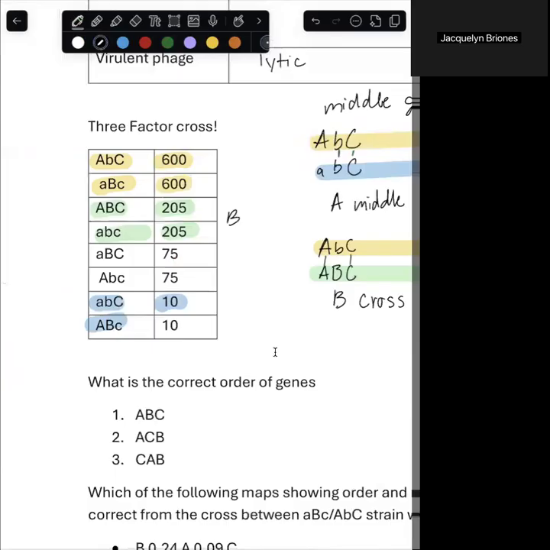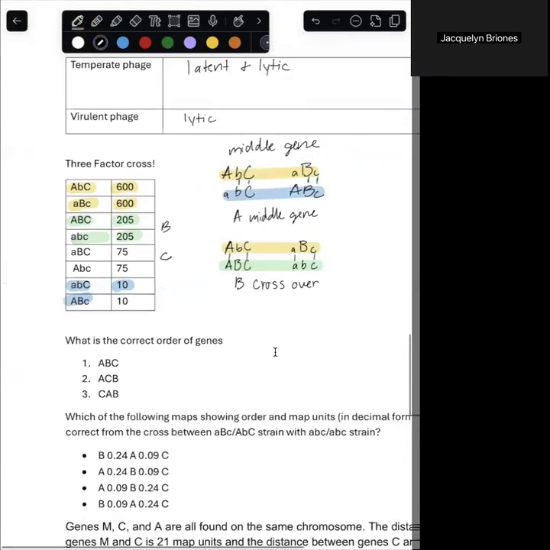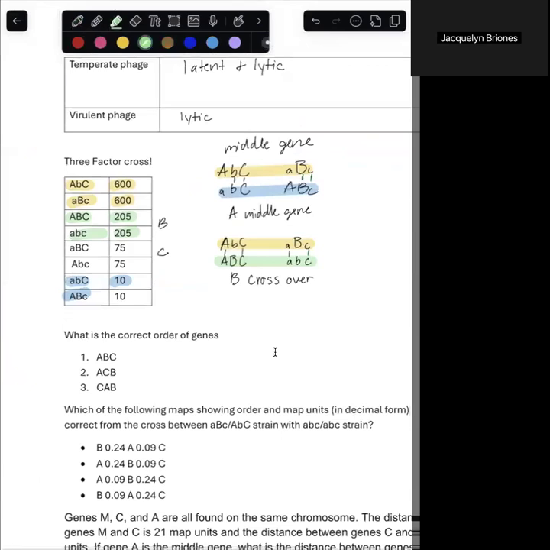Knowing that this is our C cross, and by looking at our answer choices, we know A is the middle gene, and we know which one is our B and our C cross. So looking at our answer choices, that's the right order of the genes.